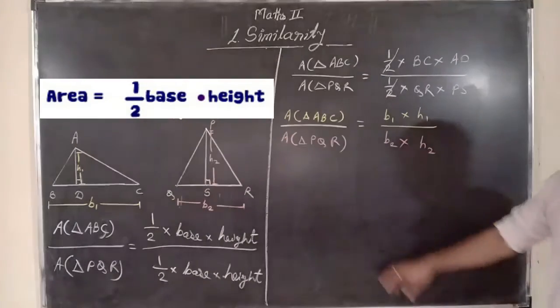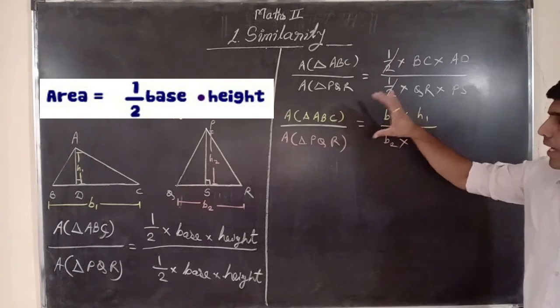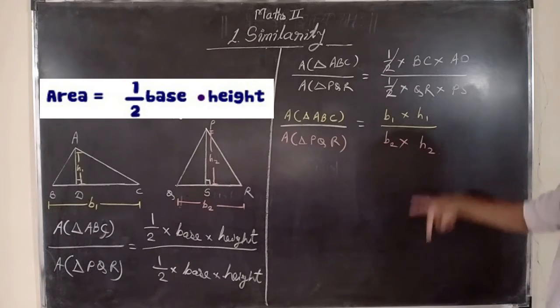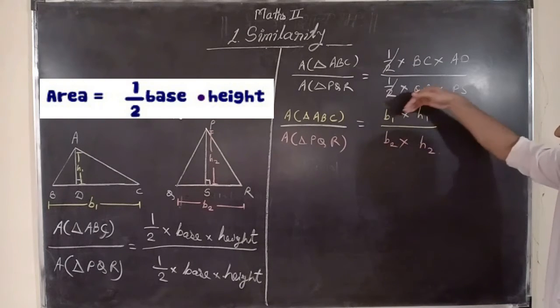Hence the ratio of areas of any two triangles is equal to the ratio of their bases with their corresponding heights.